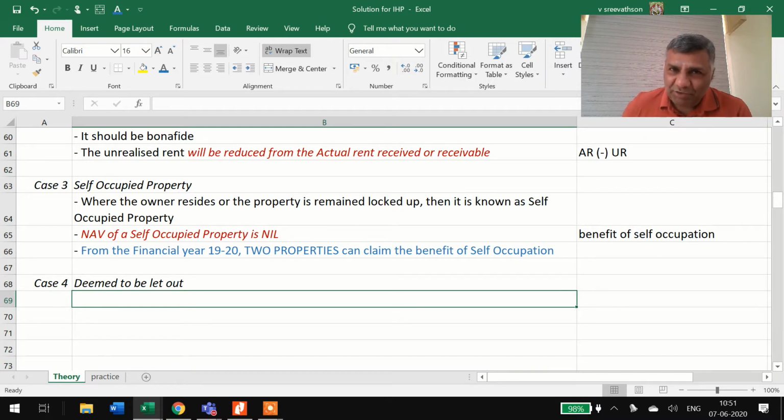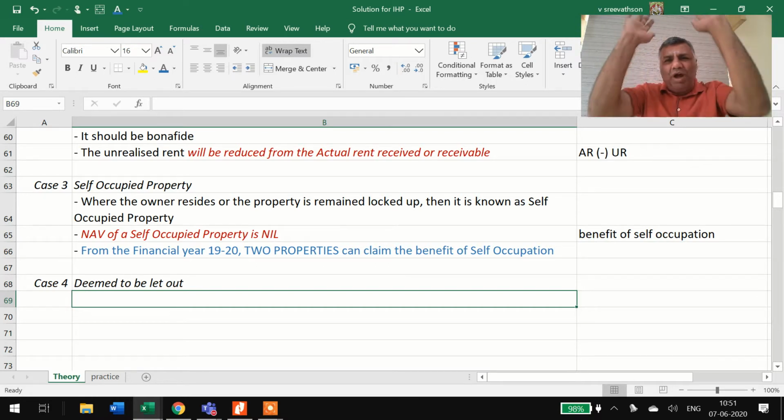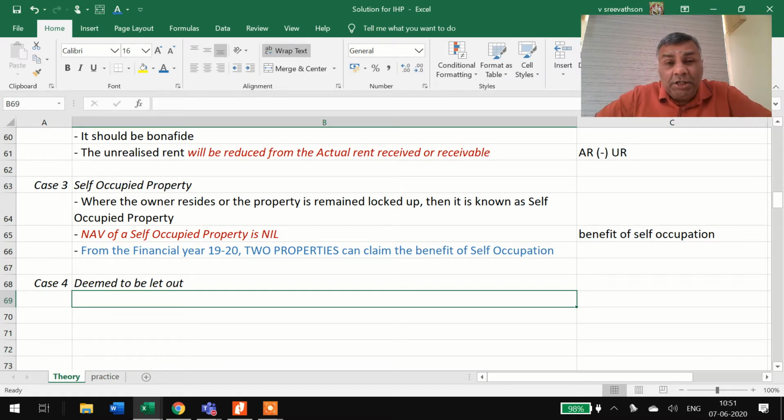The benefit of self-occupation is available only for two properties. The third property is deemed to have been let out.